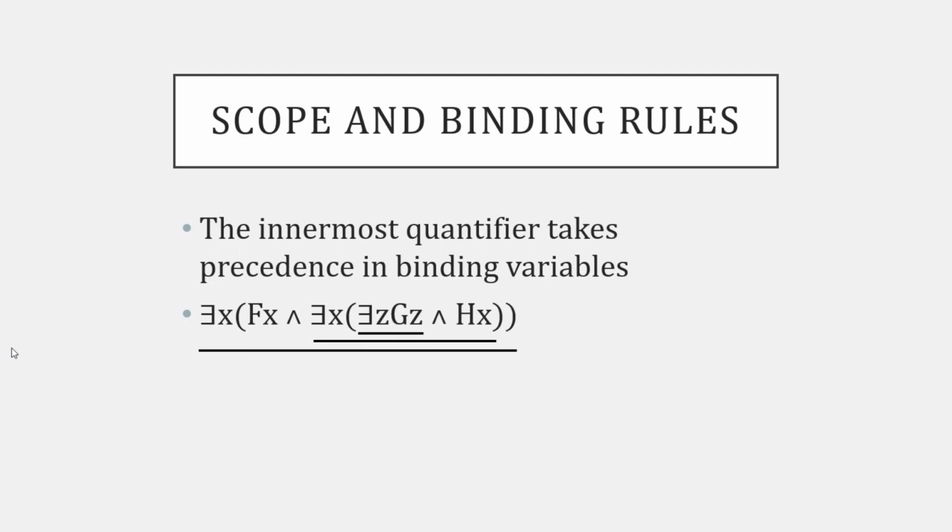Because anything within those brackets is under its scope. Now they've got different letters, so the fact that there exists a z such that gz isn't really affected by there exists an x such that blah, blah, blah, right? So because they're different letters, they don't really interact logically, but nonetheless, it's within the scope of that there exists an x.